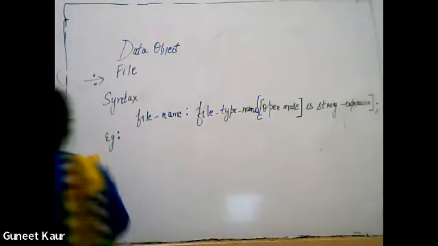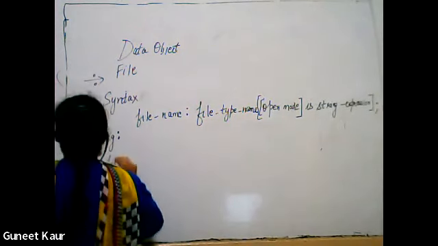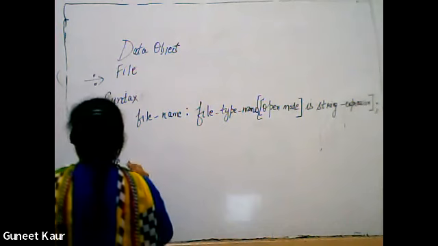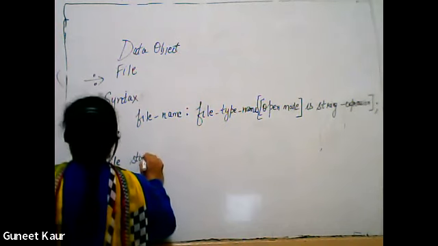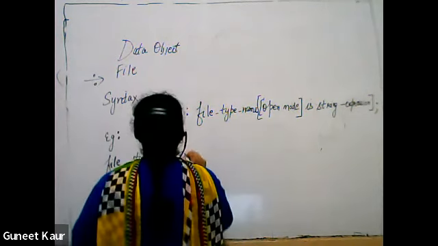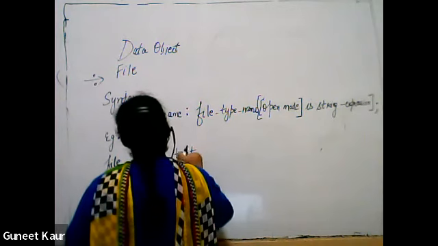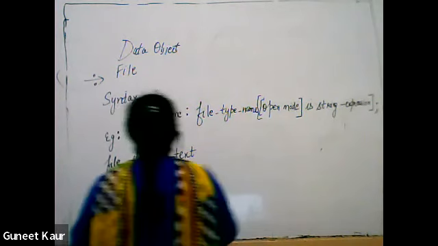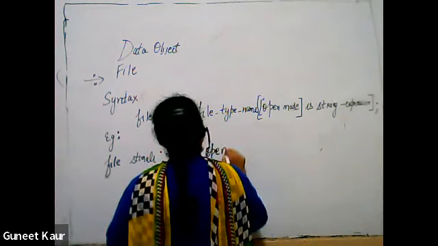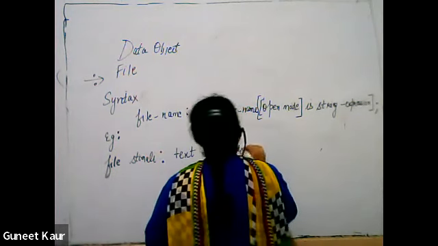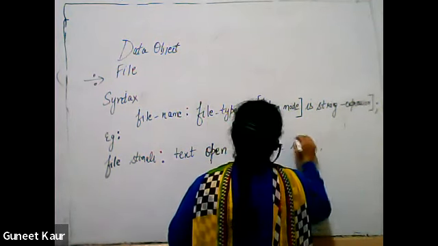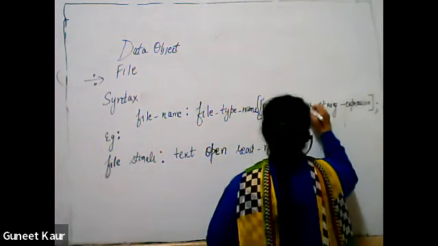Again writing this example: file stimuli, colon, text, open, which is in bold, read-mode, is, which should be highlighted because this is the keyword.